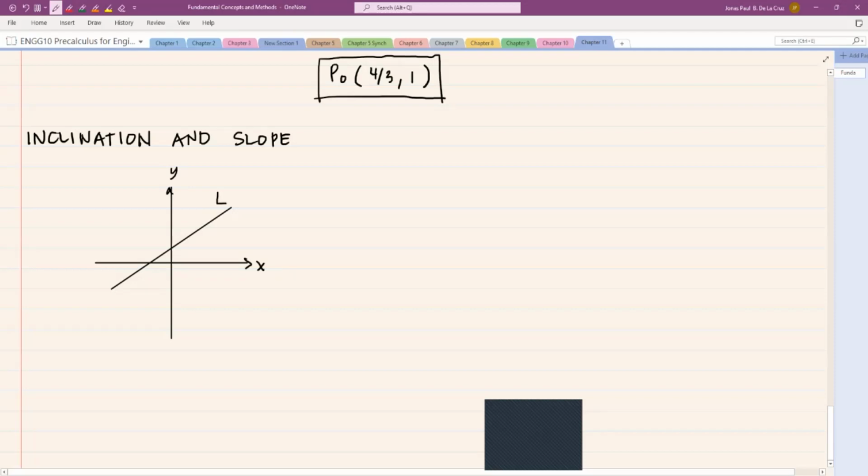Line L, its inclination is this one, this angle. That is the inclination of line L. Okay? So, our symbol for the inclination is this fancy L. This is our symbol for inclination.